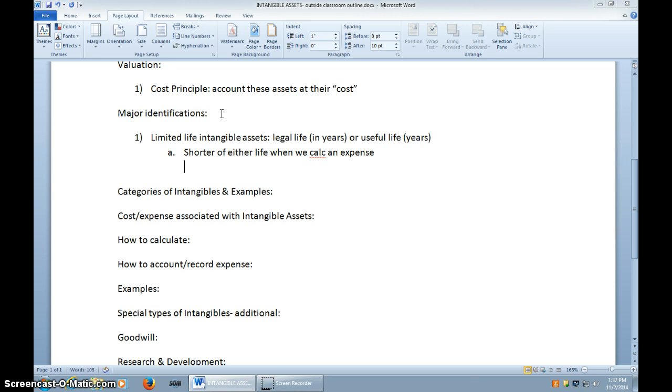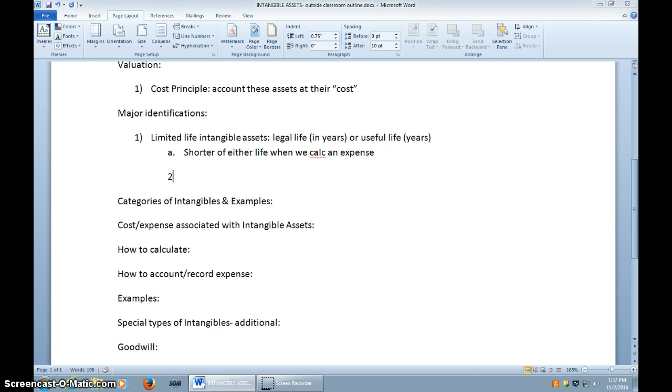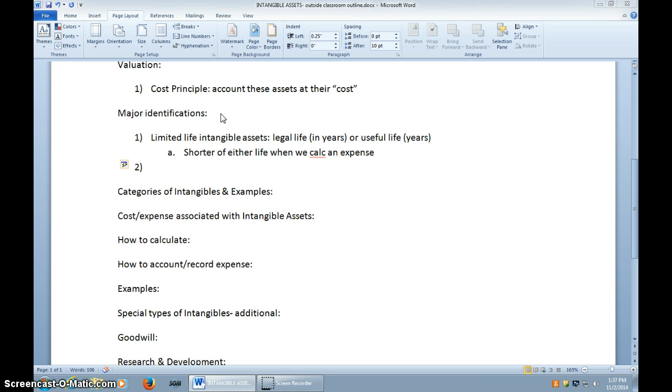And there are also unlimited life intangible assets.